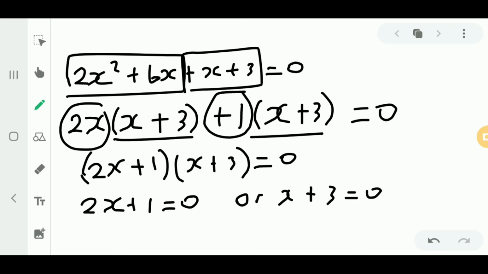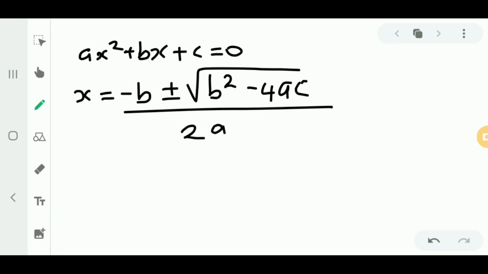You want to make x the subject, so you carry over the 1 becomes negative 1. So that means you have x equal negative a half, or x equal minus 3. And that's how you do the sum product or the AC method for solving quadratics.